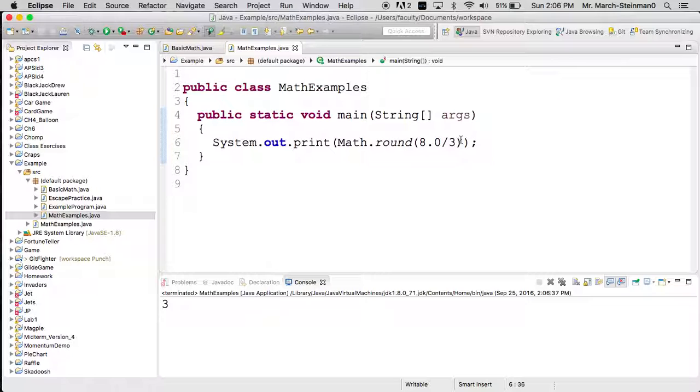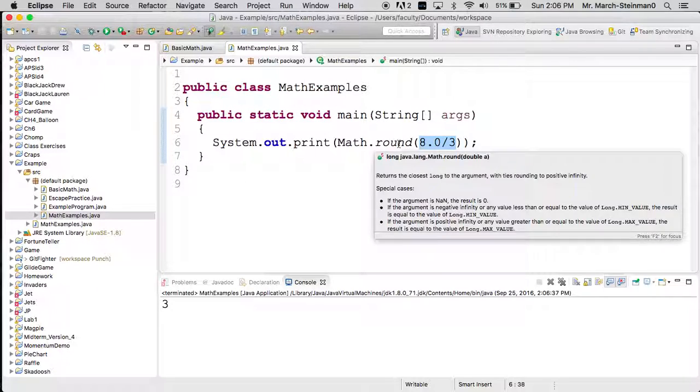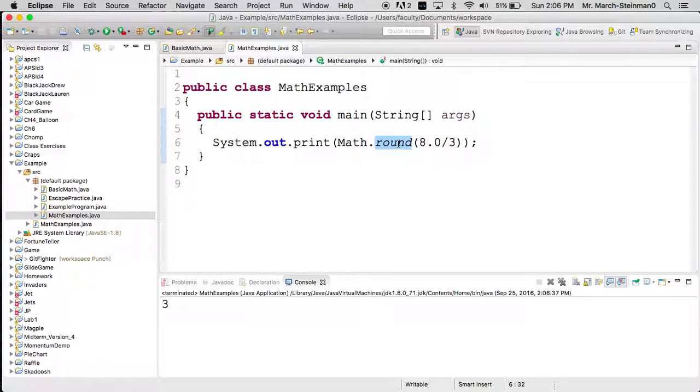Okay, now let's look at another thing we can do with Math. Let's say we want to find the minimum of two values. So the way we do that is we look inside Math, dot, tells us to look inside, and we're looking for the min function.